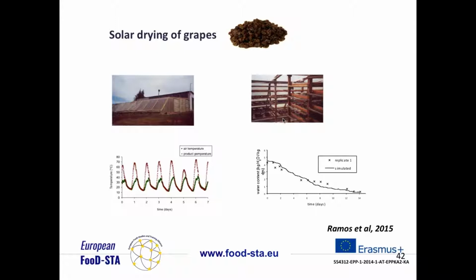And during this drying inside the dryer, the temperature and the humidity change along time, because conditions change due to day and night, and also because of different weather conditions. And through simulation, we were able to predict the water content of grapes during drying.